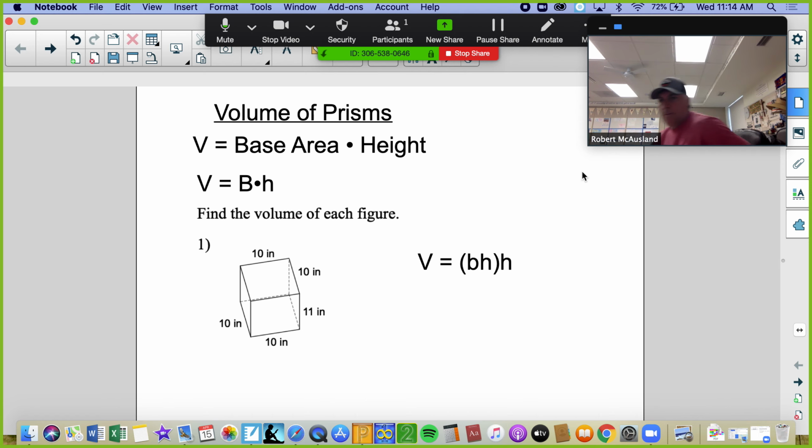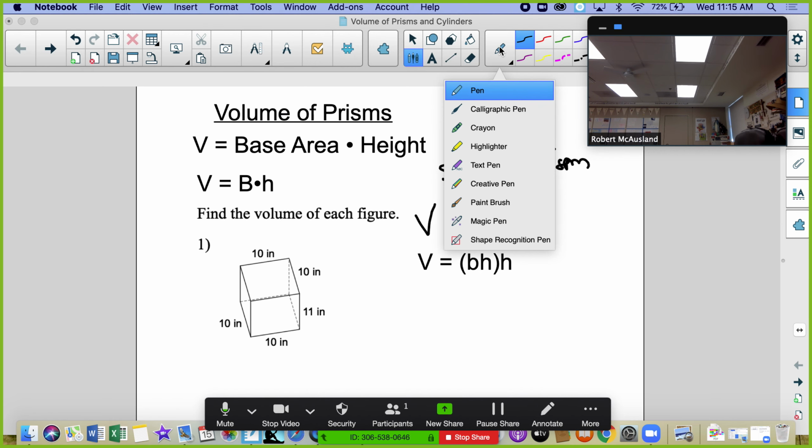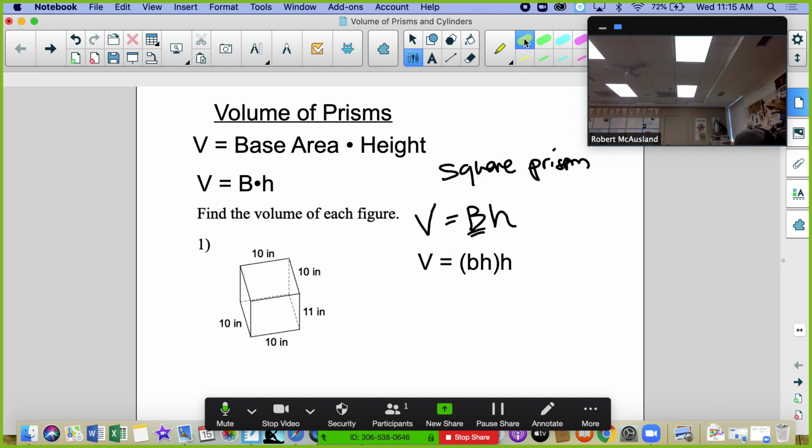So let's go to the board here, and we have a square prism in this example. So its volume equals big B times H. The big B is the base area. So when we talk about the base area, let's find the base of this object.